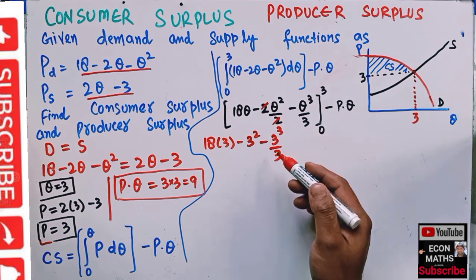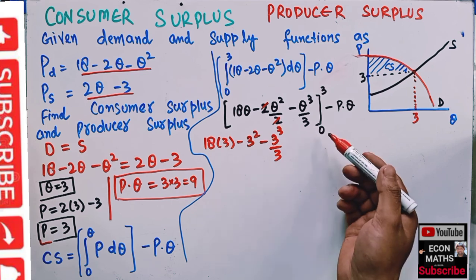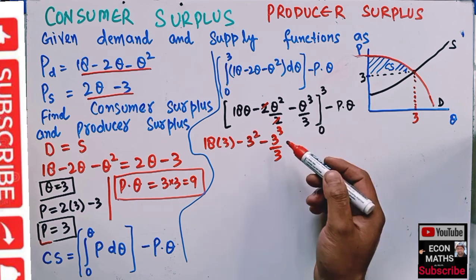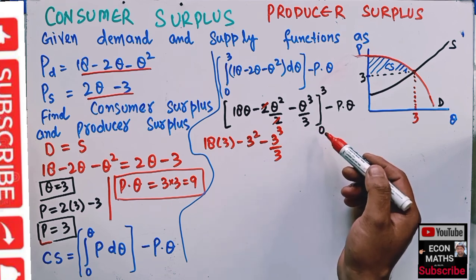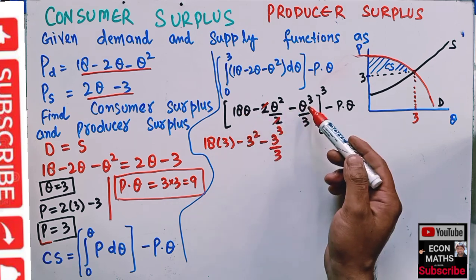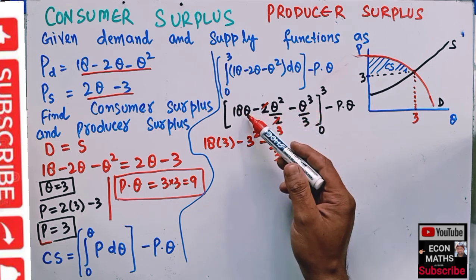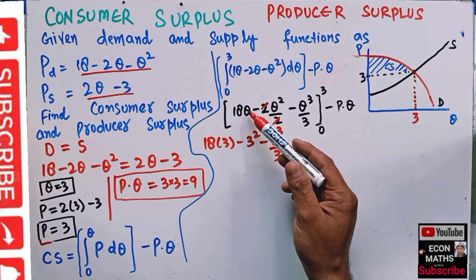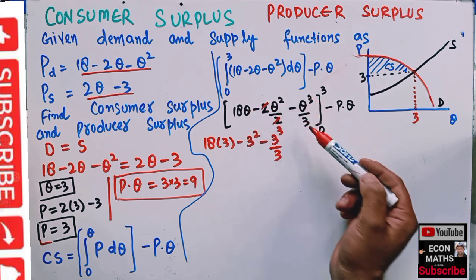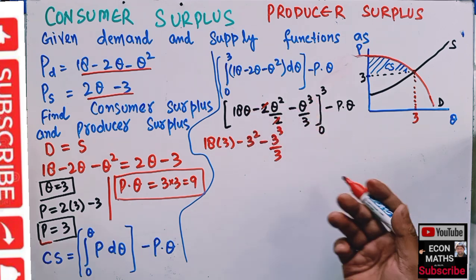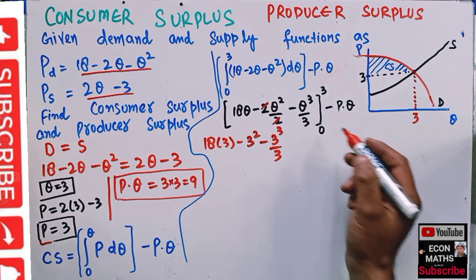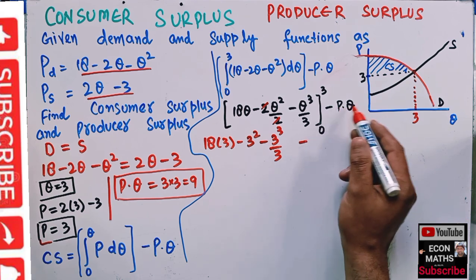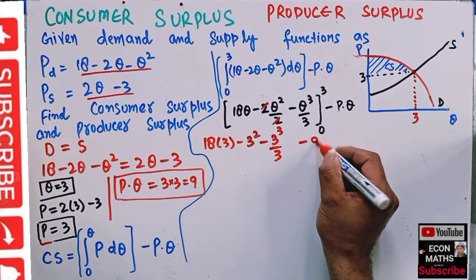Then we subtract and evaluate at the lower limit. At the lower limit all these terms will vanish, because in place of Q we will have 0. 18 into 0 will be 0, this will also be 0 and this will also be 0. We will not evaluate at the lower limit. From this we subtract P into Q, which we got equal to 9.